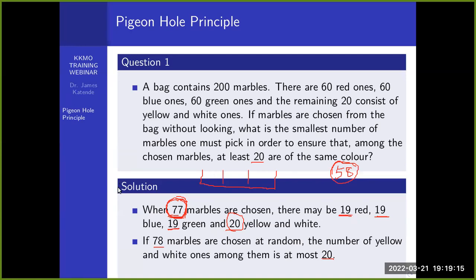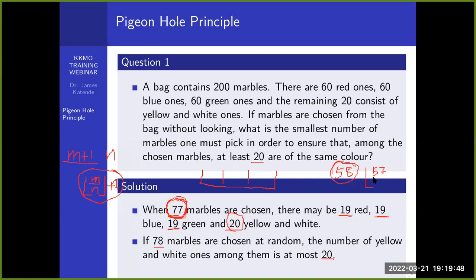There will be at least one more pigeon in one of those pigeonholes, right? So let's see if this gives 20 for these 58 that are remaining. If you take m plus 1 to be 58, then m will be 57. So the number you're looking for would be 57, which is now m.